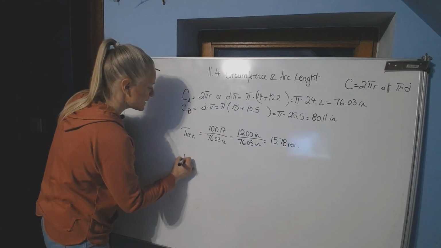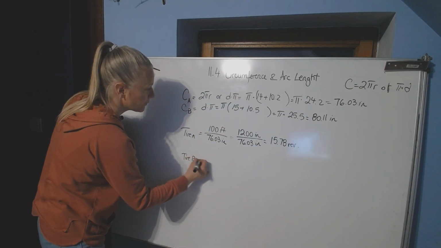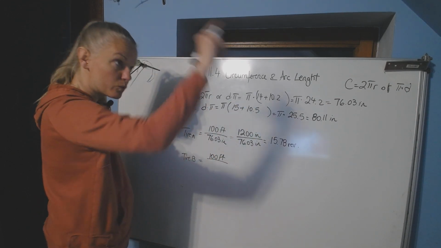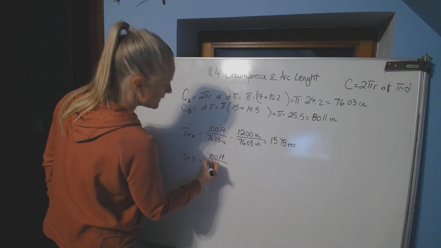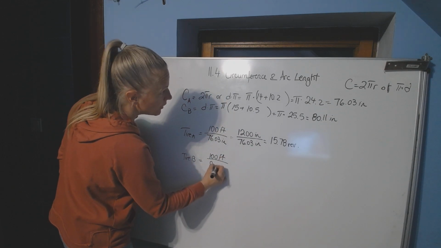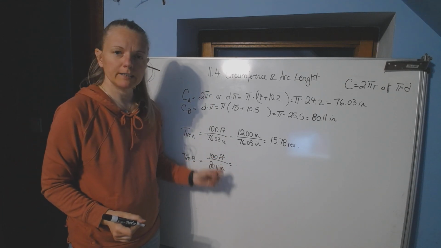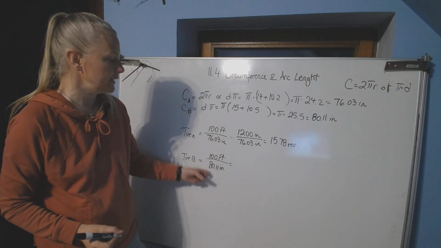Let's look at tire B. It's going to work the exact same way. We have 100 feet, and the circumference, one rotation of our wheel, has 80.11 inches. We have the exact same problem. We cannot do feet and inches together. We have to convert the feet into inches.